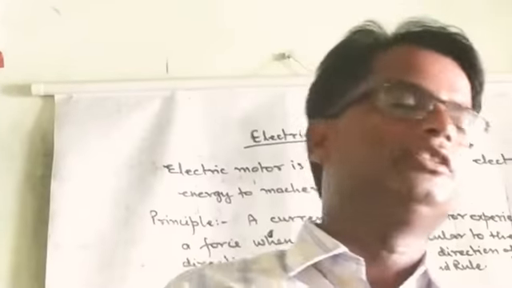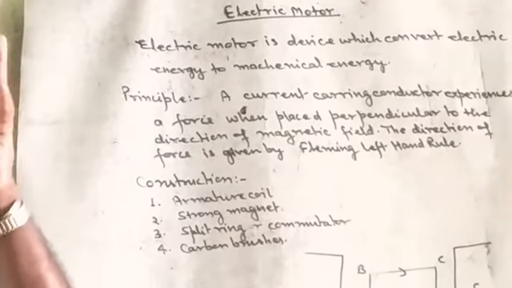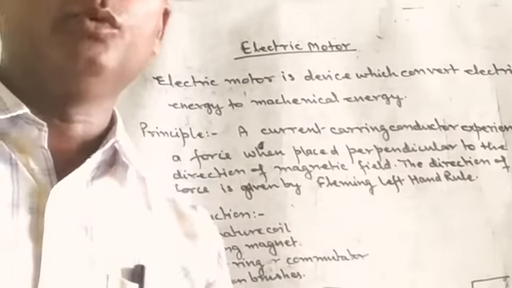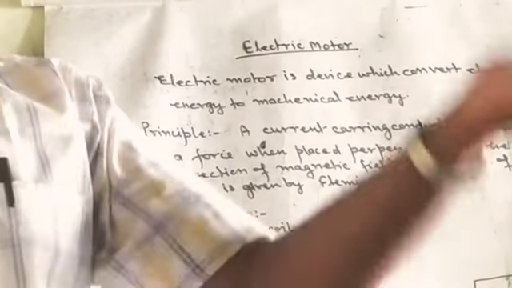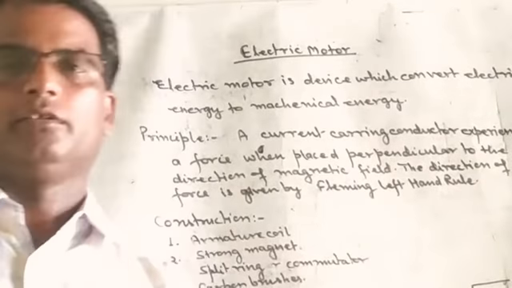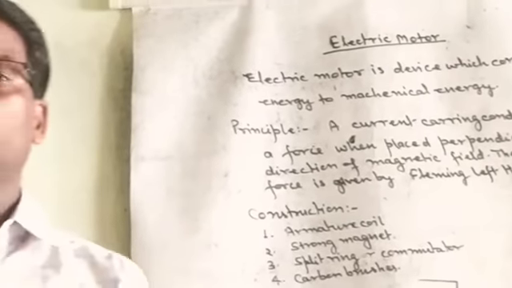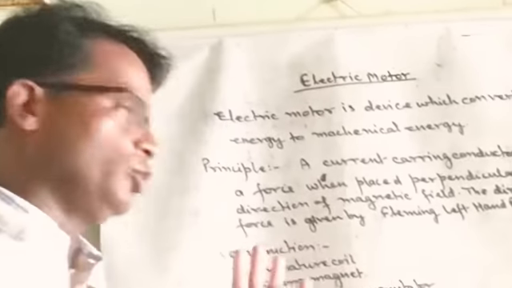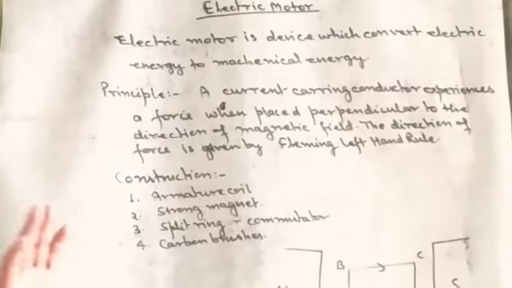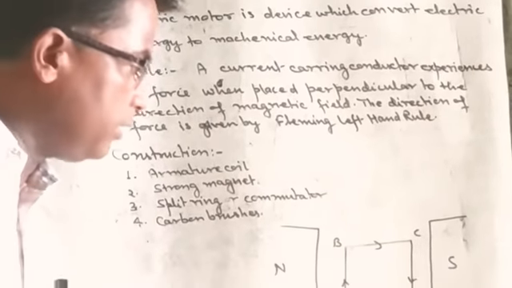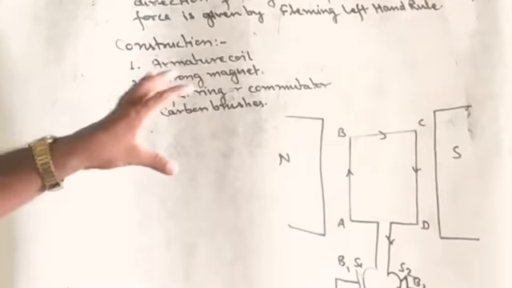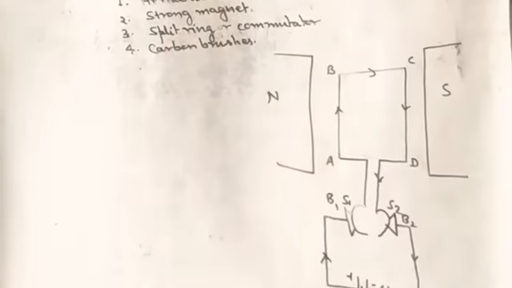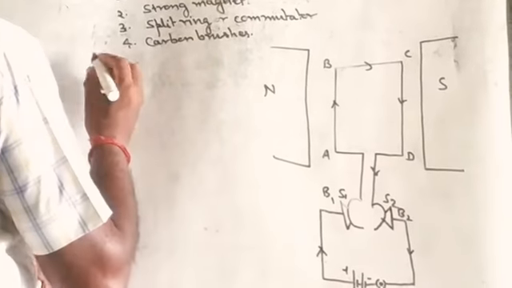Today you are going to learn how this happens, and how an electric motor pumps water from a well to the tank on the roof of your house. Today we learn how electrical energy is converted to mechanical energy in an electric motor. Working I am going to discuss. All of you see here, working.